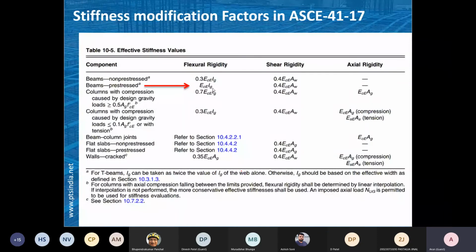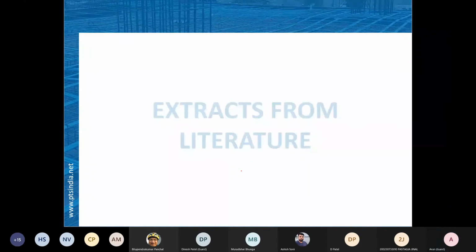But still, the code is silent about this, so we cannot take this example in our Indian case. But yes, worldwide, or in ASCE, this has been put up. So there are chances that we can foresee some upgradation, some kind of improvements, in our code as well.